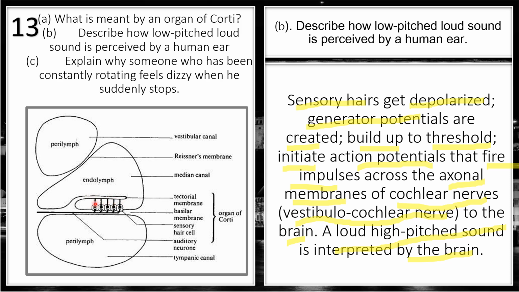And when these sensory hairs are pushed into the tectorial membrane, they get depolarized and a generator potential is created. When this generator potential builds up to a threshold, it initiates the action potential. And this action potential now will fire the impulse across the axonal membrane, and it will pass through the vestibulocochlear nerve to be taken to the brain for interpretation.